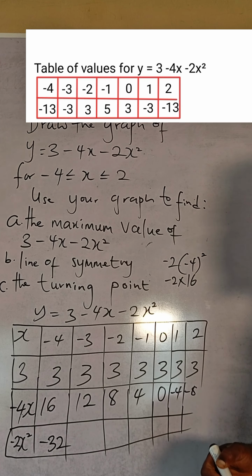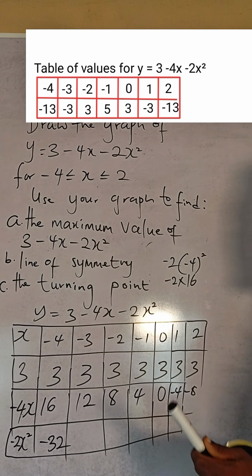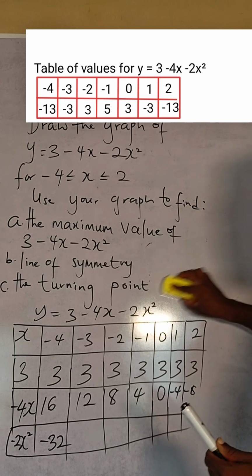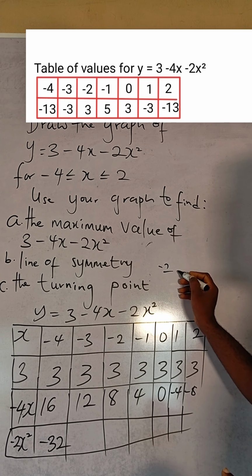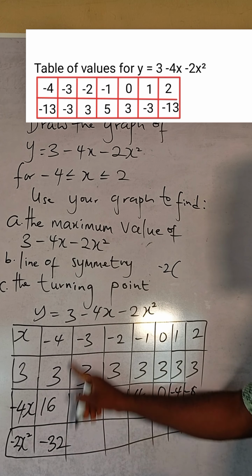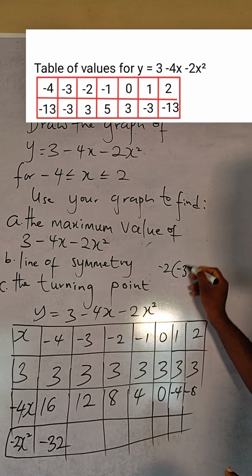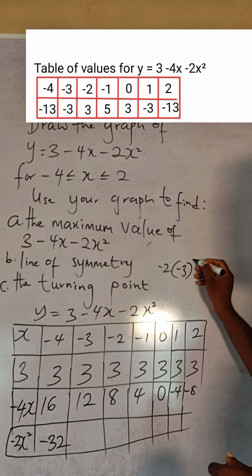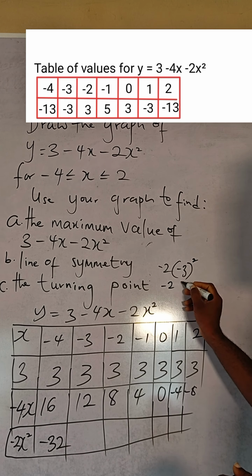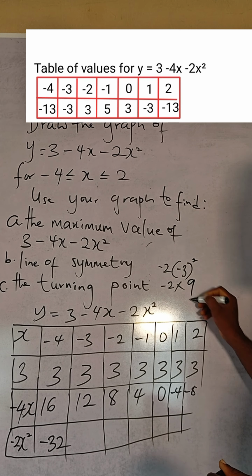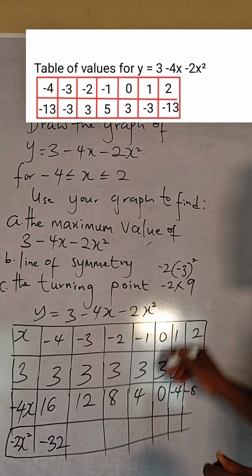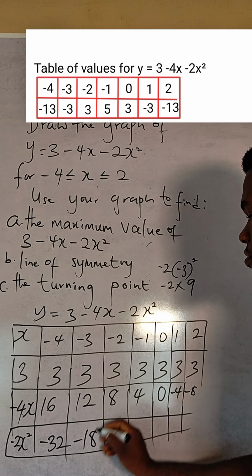We'll pick the next x value again. What is x here? -3. So we have -2 brackets. My x is -3, so I'm having -3. Due to this power, I'll take it to the power of 2. -3 to the power of 2 is positive 9. -2 times 9 becomes -18.